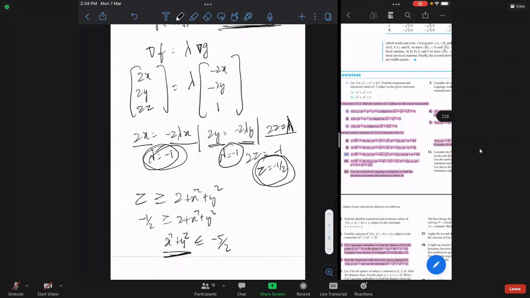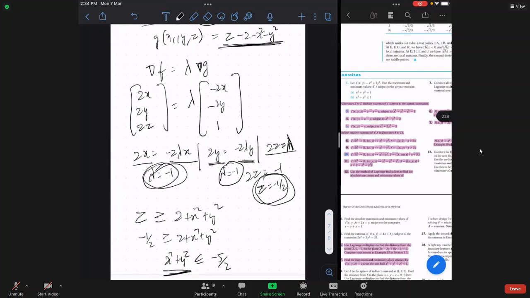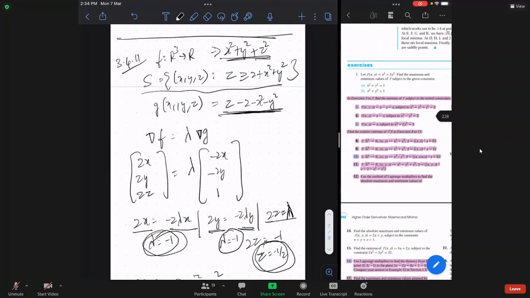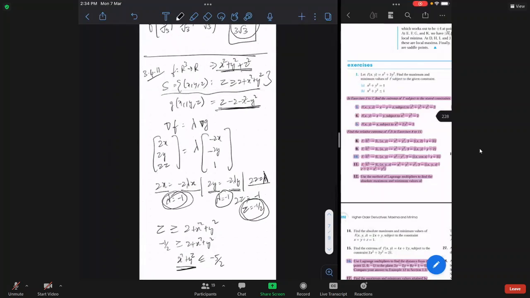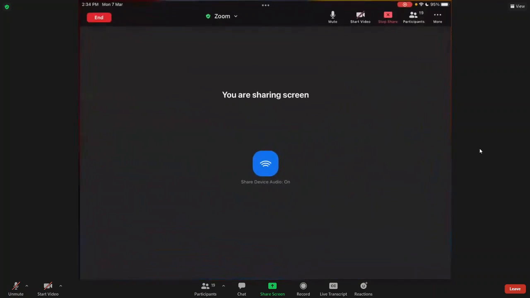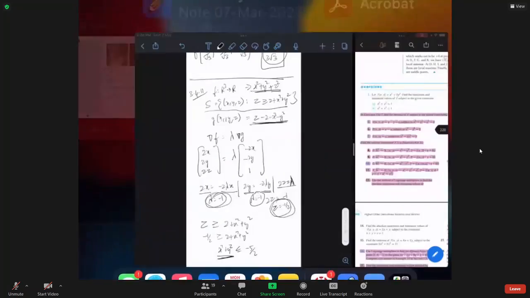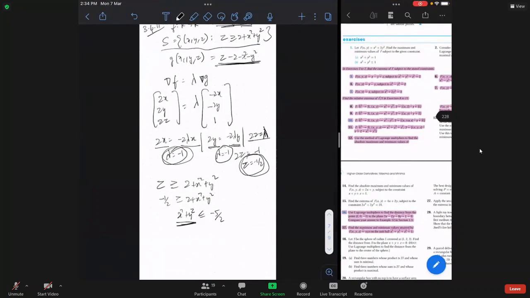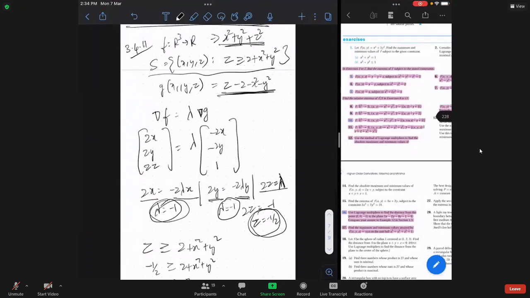Z is equal to 2 plus this. Did I write the constraint wrong or something? Do you guys see anything wrong here? I need to check on this question. Am I making anything wrong?